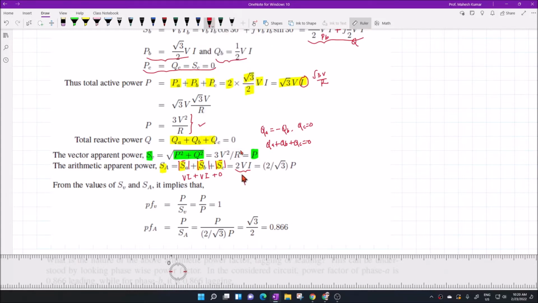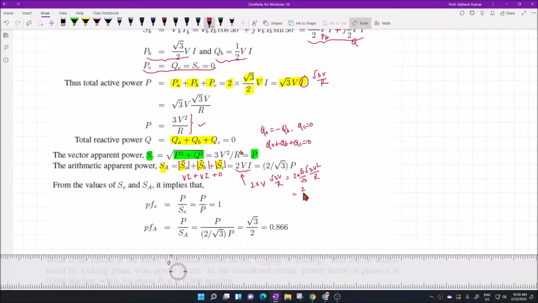You can simplify this. 2 into VI is root 3 V square by R here, and this is 2. But I want to make it in terms of the power, so I will multiply by root 3 and divide by root 3.